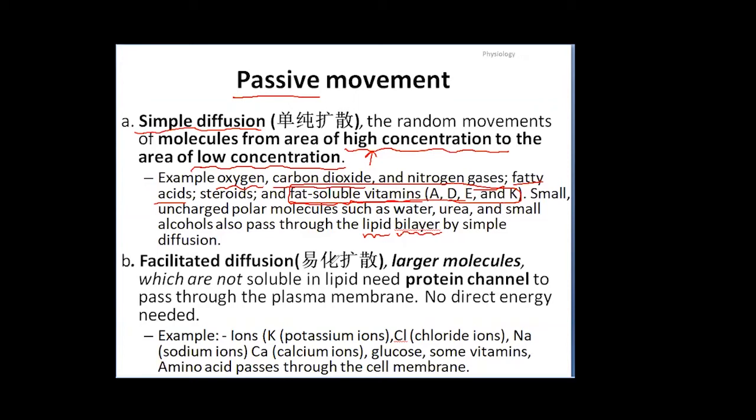That's the first way in passive movement, simple diffusion.